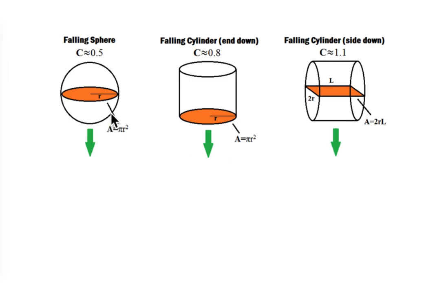For example, we have three objects like this. We have a sphere, we have a cylinder at this orientation, and we have the exact same cylinder, but it's falling down like this. For the falling sphere like this, the area is actually A equal pi r square, so it is equal to its projection area.